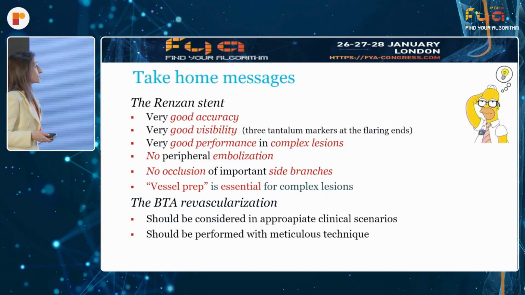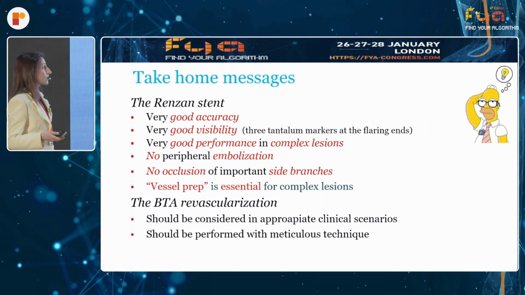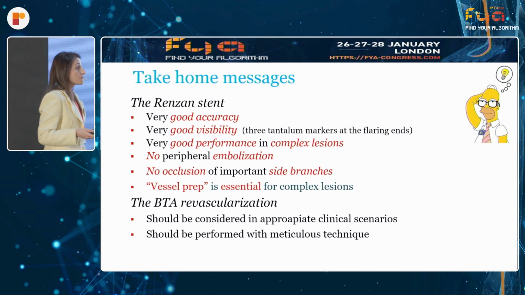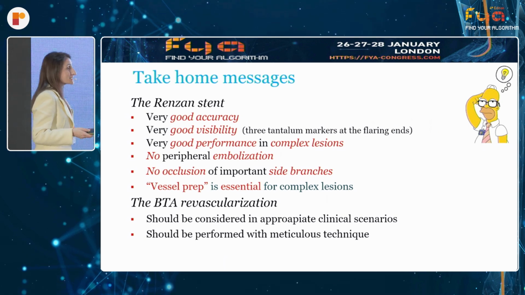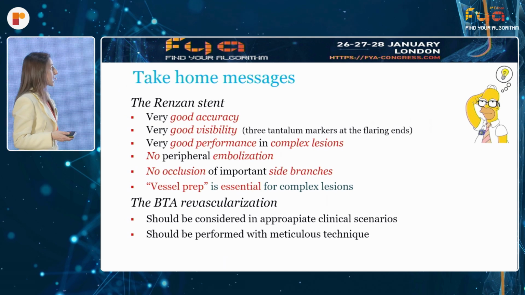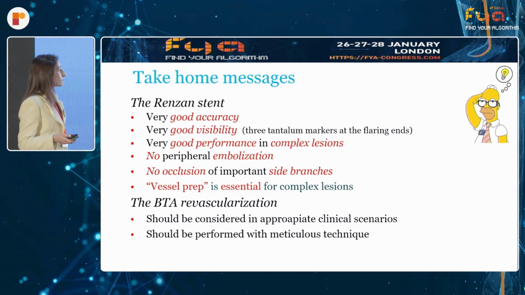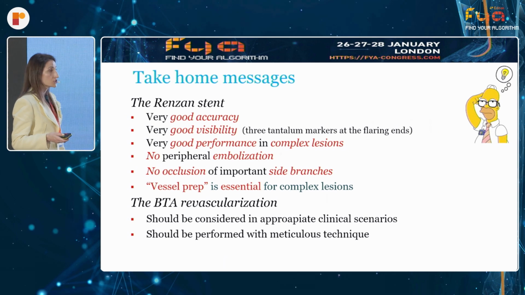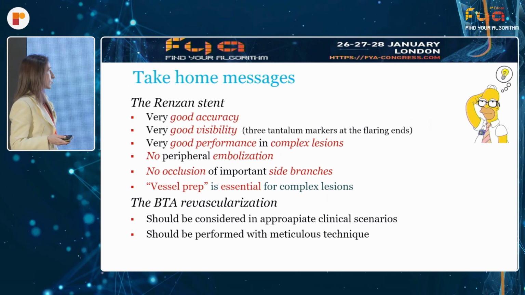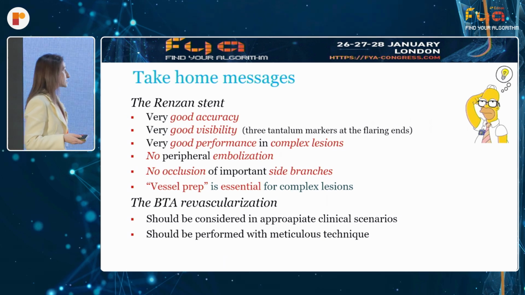Take-home messages: the Rensen stent has very good accuracy, good visibility with 3 tantalum markers at the flaring ends, and very good performance in complex lesions due to high radial force, flexibility, and crush resistance. This stent can avoid peripheral embolization and plaque disruption, and without occlusion of important side branches.